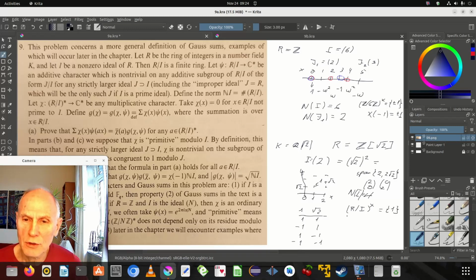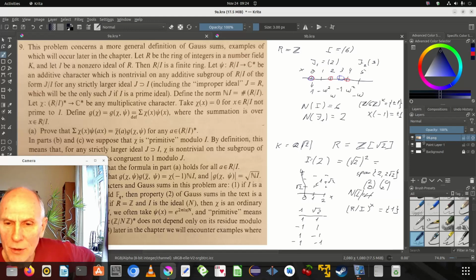So that was too simple an example, a little too trivial. But if I'd said something like the ideal generated by 6, it would have had 36 elements, and I couldn't write it here. But then how do we map?